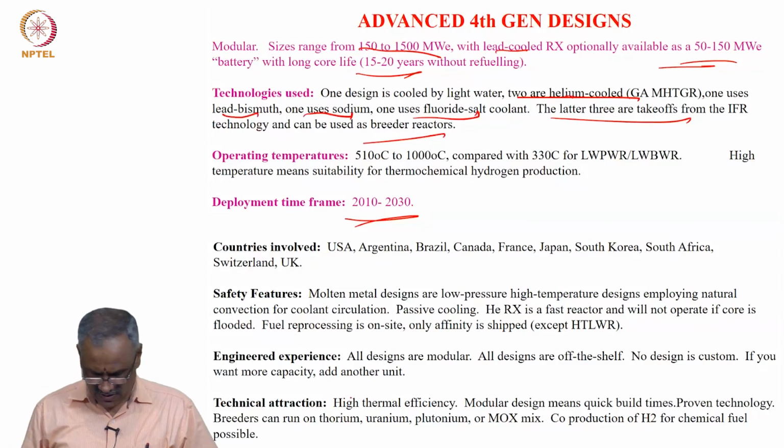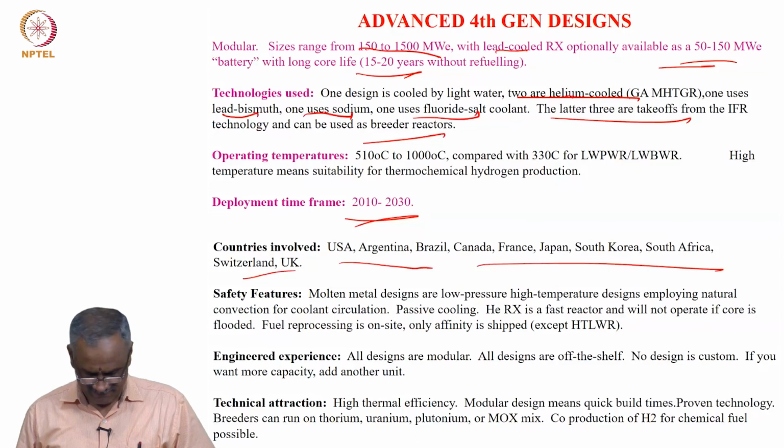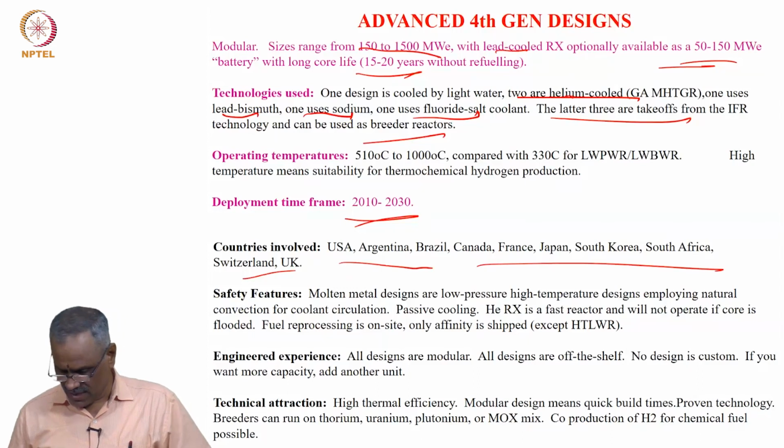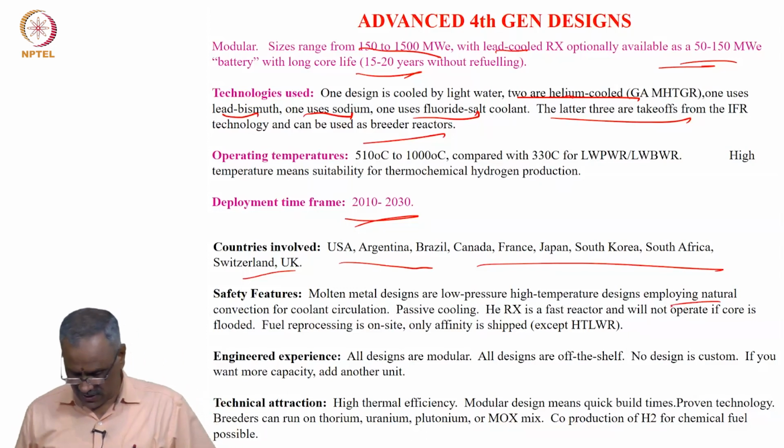These are statistics. Countries involved are these here, and safety features are important, because here molten metal designs operate at lower pressure and higher temperatures, and natural convection is employed for coolant circulation.